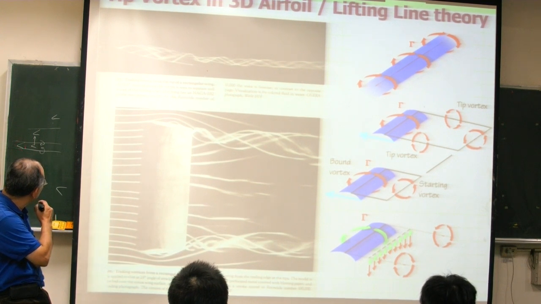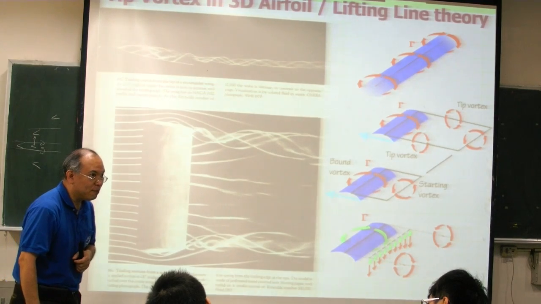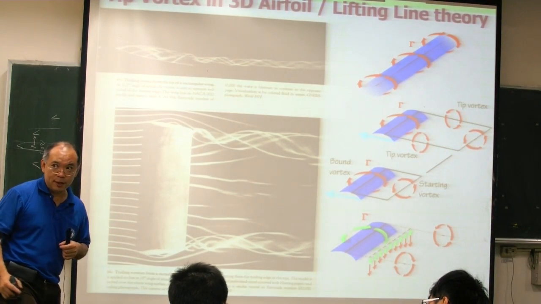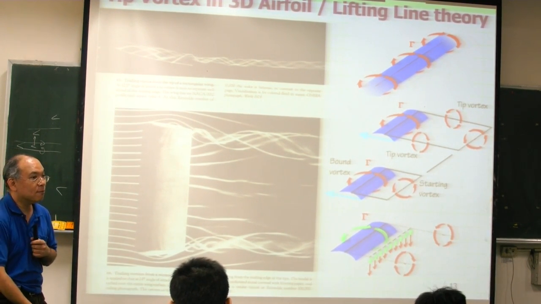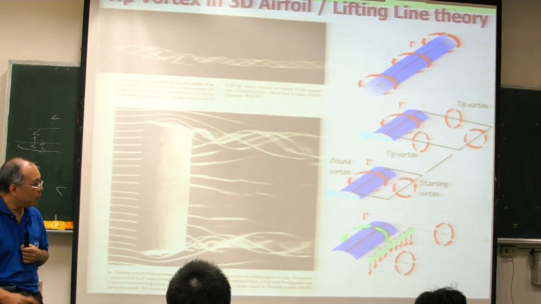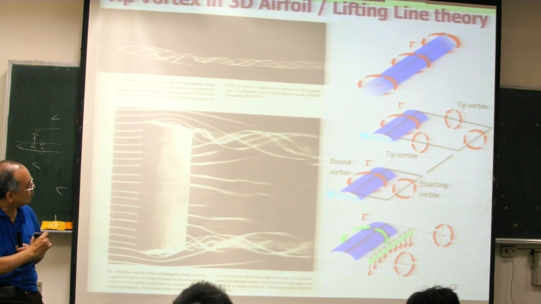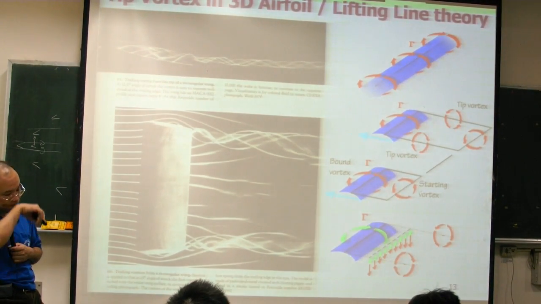So the leaders will switch sometimes. Sometimes this bird will lead, and at a later time another bird will lead. It's not always the same bird leading. Anyway, this is a side story about when you see this tip vortex, which will give you a lot of information.